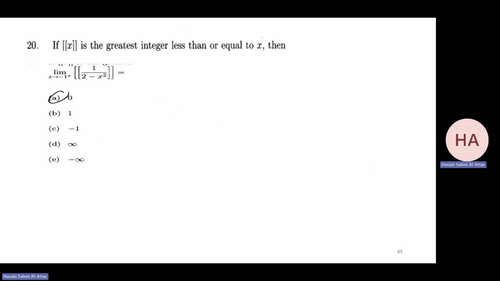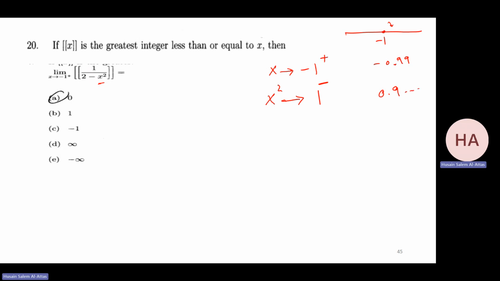The same idea here. I need to do it step by step. If x goes to minus 1 from the right, what's the meaning of minus 1 from the right? It's like minus 0.999. What I will do first is square it. x squared will be 0.9 something, like 0.98. So x squared will go to 1 from the left. It will not reach 1.